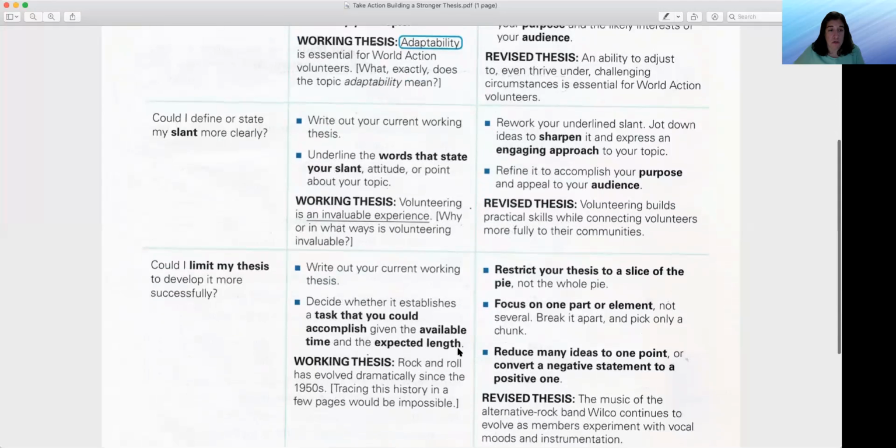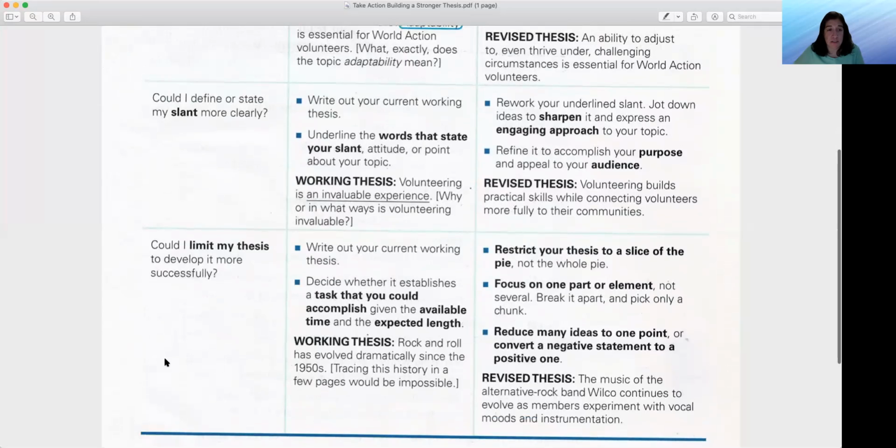Now, back to our chart. The last question, could I limit my thesis to develop it more successfully? So moving over here, we're going to write out the current working thesis and decide whether it establishes a task that you could accomplish given the available time and the expected length. So the time that you have to write your paper and the expected length of your paper.